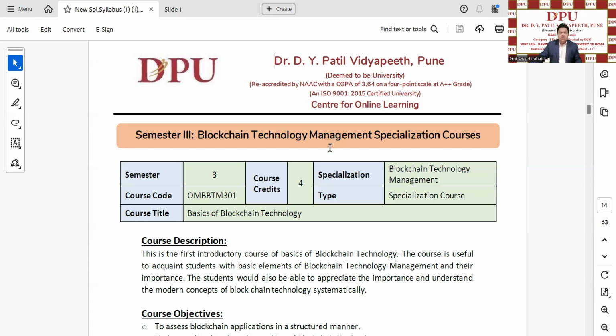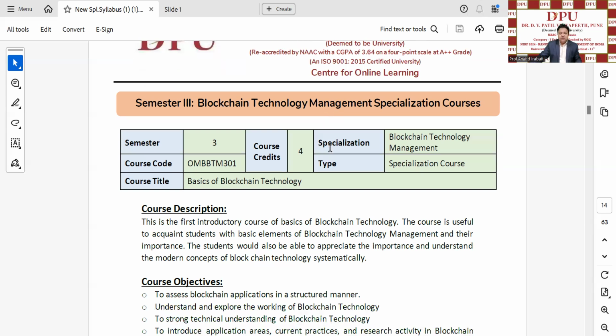So let's start with the course description, course objective, and what are the units, what are the chapters of this course, that is OMBB TM 301, Basics of Blockchain Technology. This is the very first introductory course. This will give you the complete information, the basics of blockchain technology.